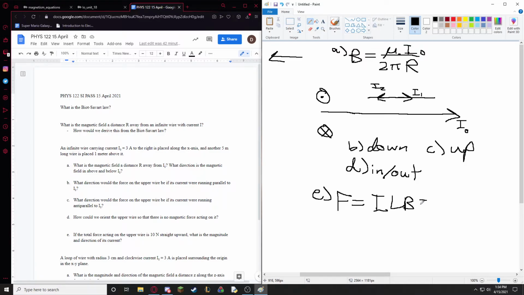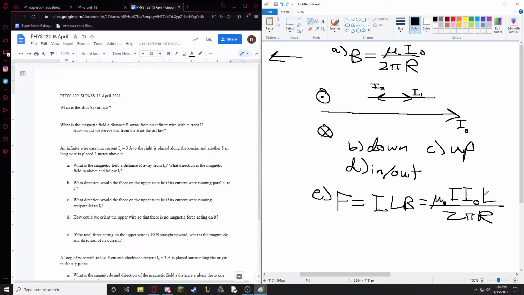Well, first of all, let's also plug in what we know for the magnetic field. We know it's mu naught times I naught over 2 pi r. So we can just plug that in. So we have mu naught I naught L over 2 pi r. We have r, it's 1 meter.